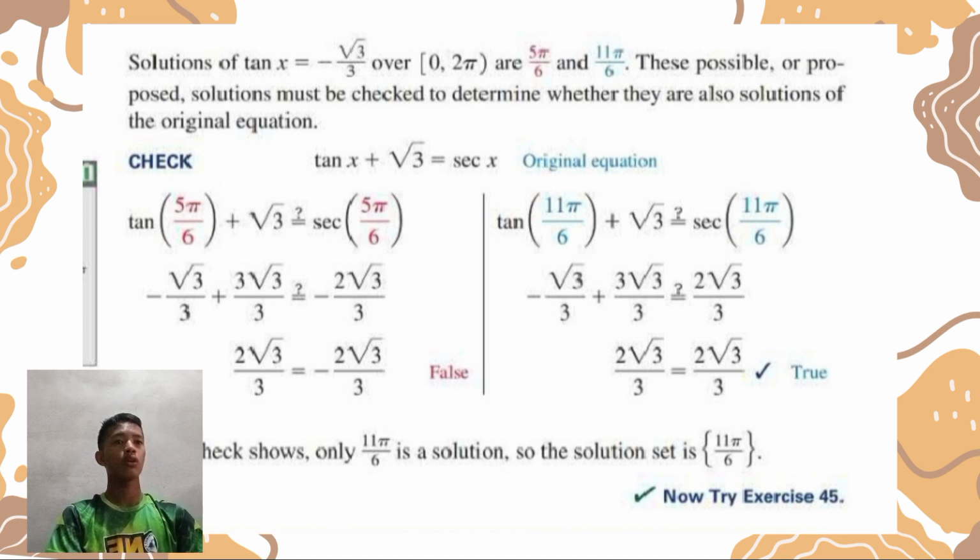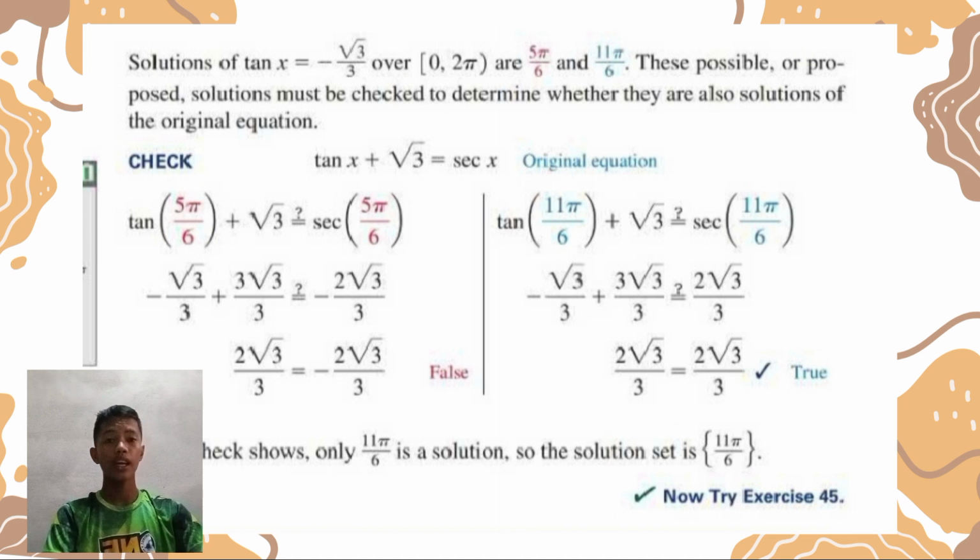Let's move directly here: negative square root of 3 over 3 plus square root of 3 is equal to negative 2 square root of 3 over 3 plus 3 square root of 3 over 3. So 2 square root of 3 over 3 is not equal to negative 2 square root of 3 over 3. Therefore it is false.